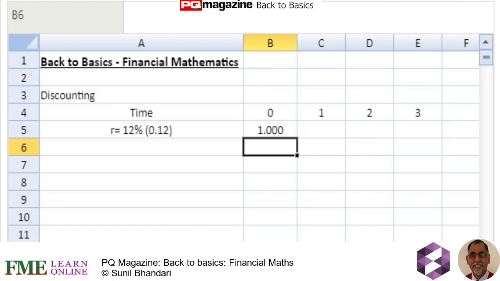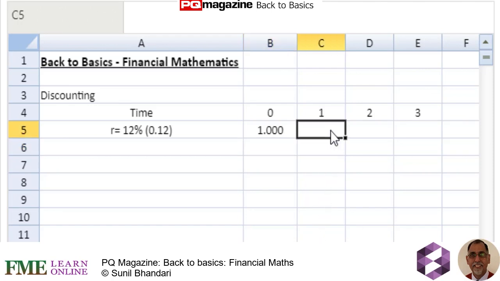Now, I've put in the first one at time 0 equal to 1, as it is. But do I want to use the tables and punch in the discount factors? Yes, you could do that. However, I want to show you that by using the spreadsheet formulae approach, you can get the discount factors for years 1, 2 and 3 quite straightforwardly.